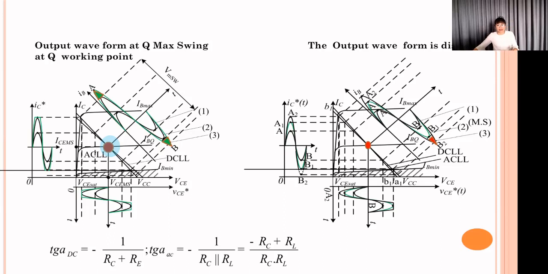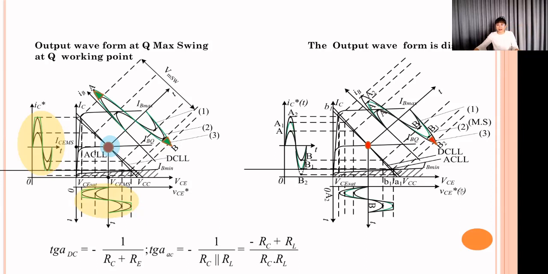We have two sides in the output signal. The output signal, of course, is distorted and not sinusoidal. You can see in the green line here and here the same. And the distortion has two sides.